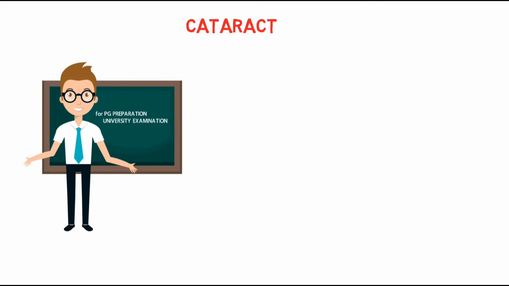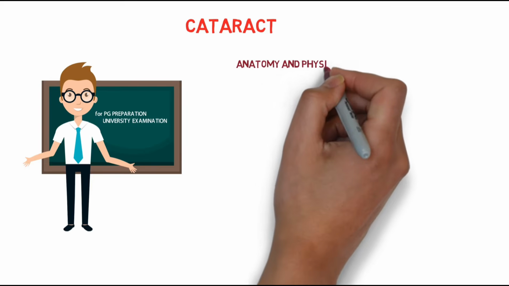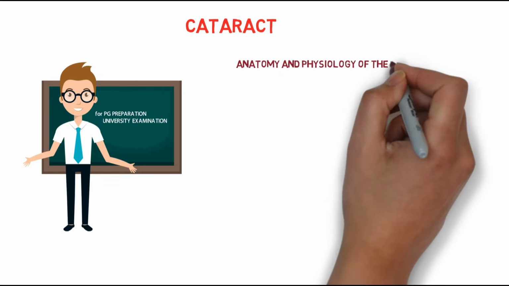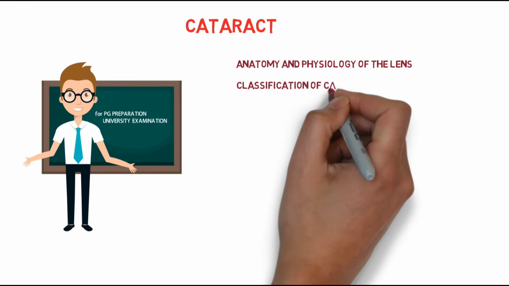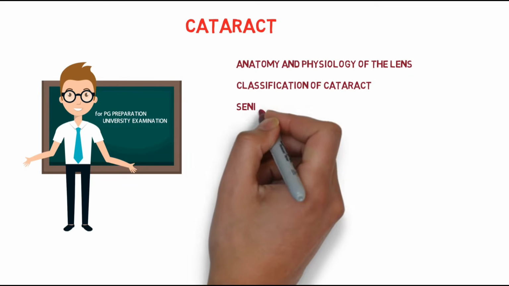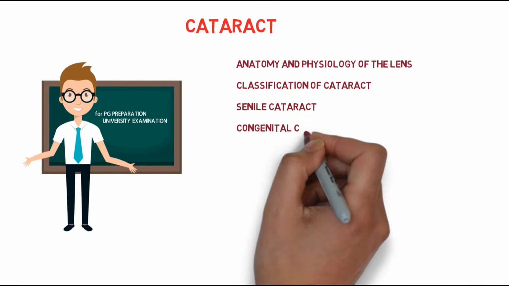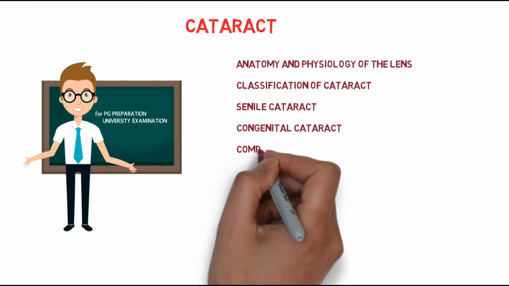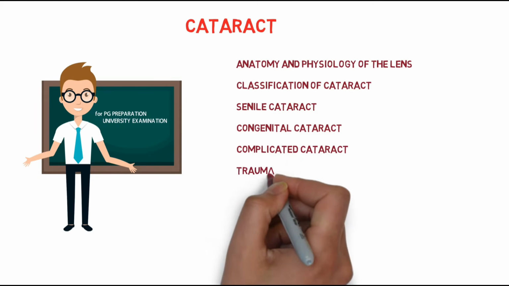In this lecture, before starting the actual cataract, first we are going to discuss the anatomy and physiology of the lens. Then we are going to discuss the classification of cataract. After the classification, we are going to describe the important cataracts like senile cataract, congenital cataract, complicated cataract and traumatic cataract.